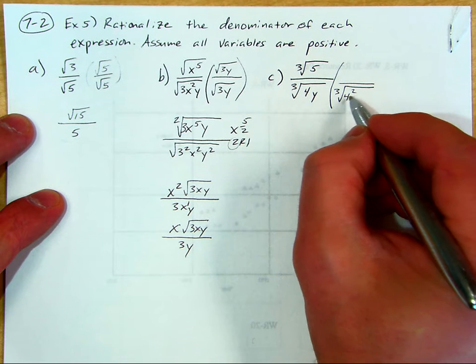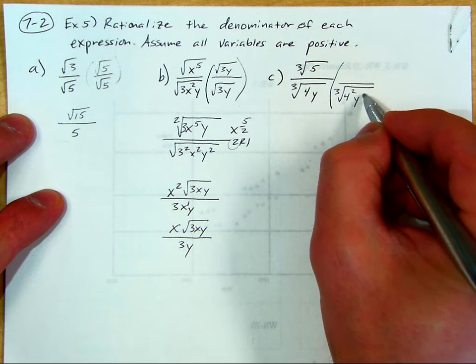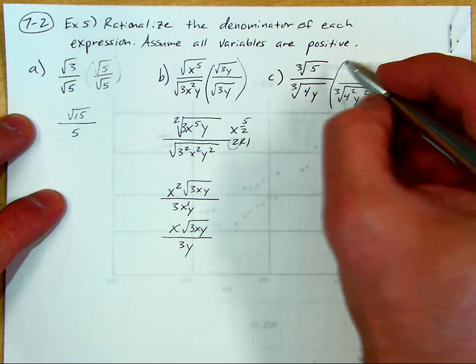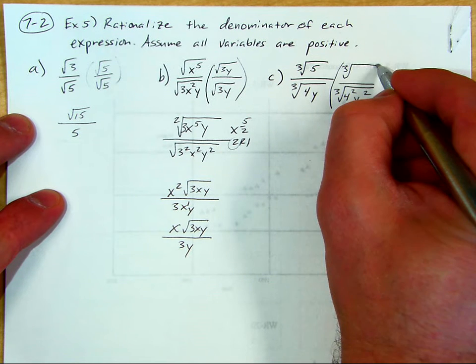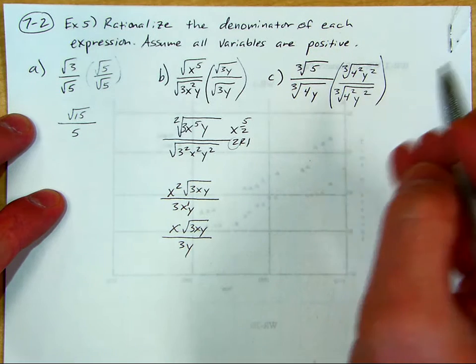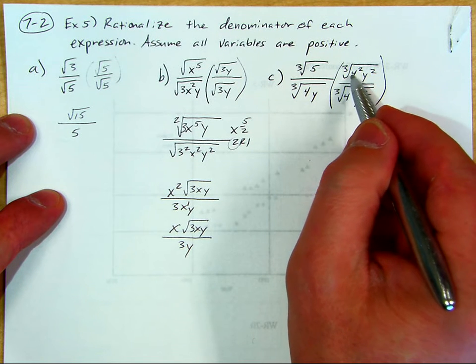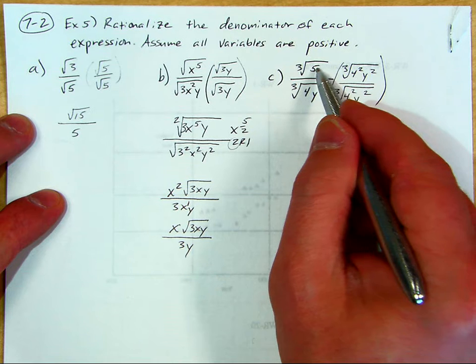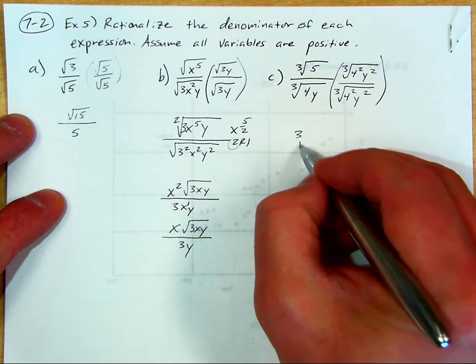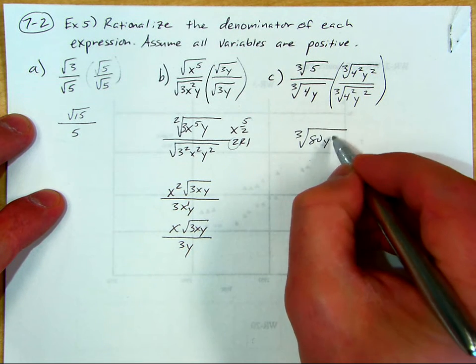See, now I'm going to have 1, 2, 3 4s. Same thing with y. So let's multiply by 2 y's. And we have to do the same thing to the top. 4 squared, y squared. Now on the notes, I wrote the intermediate step. 4 squared is 16. 16 times 5 is 80. So on the top, we're going to have 80 y squared.